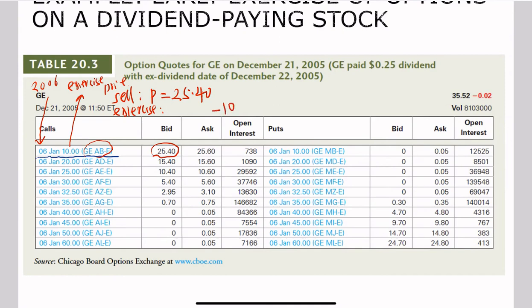What is the market price? Its market price is here, 35.52. So if you exercise, your profit would be $25.52.